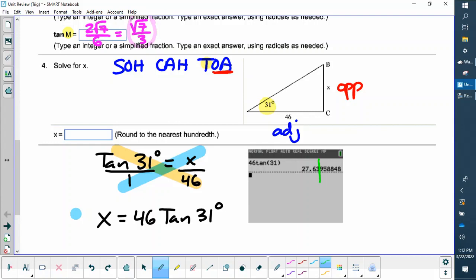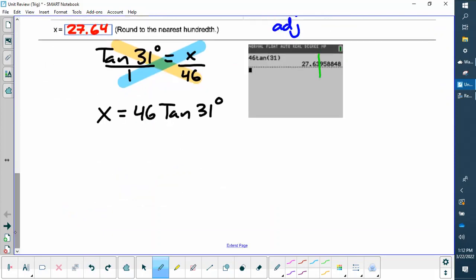And I did have to decide, is it 0.63 or 0.64? And I look over here to the right. Since that's a 9, I'm going to bounce it up. So x is approximately equal to 27.64. Okay, let's go on to the next problem.